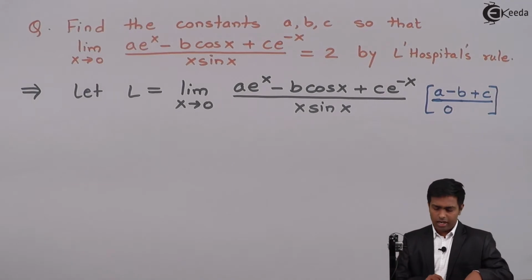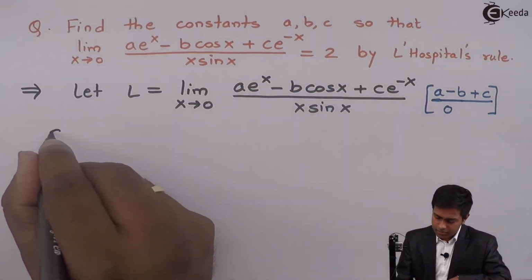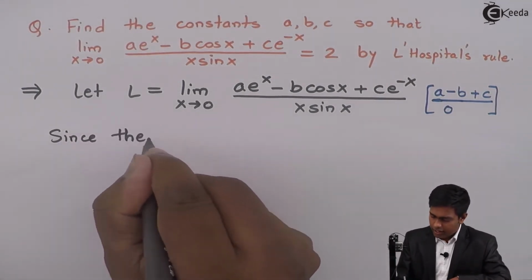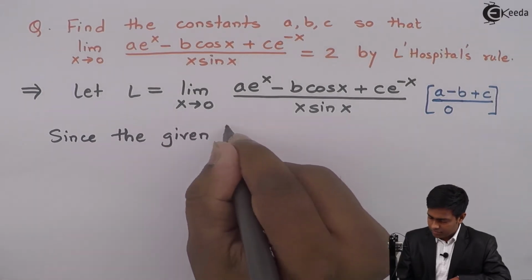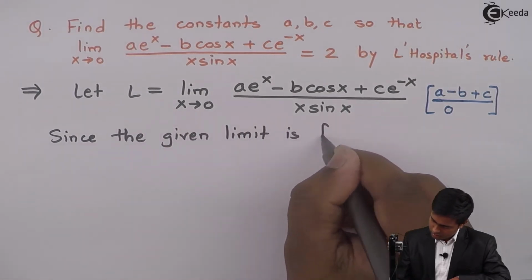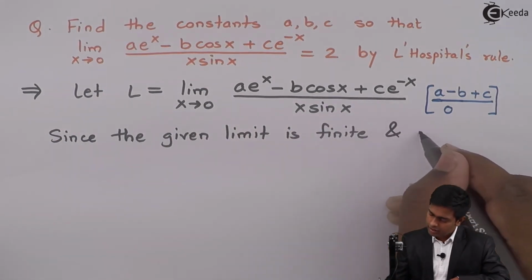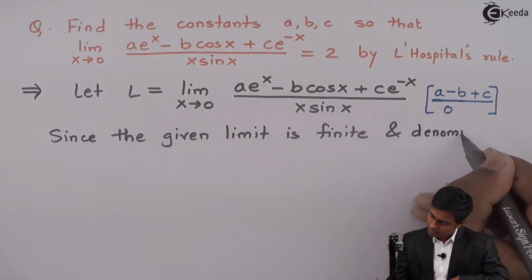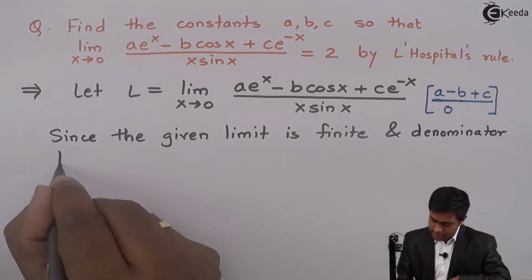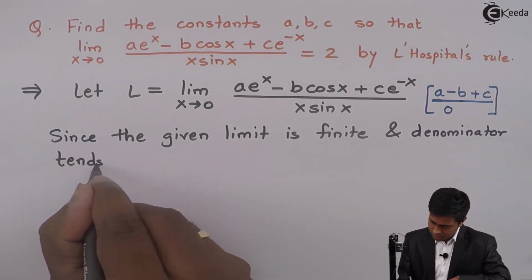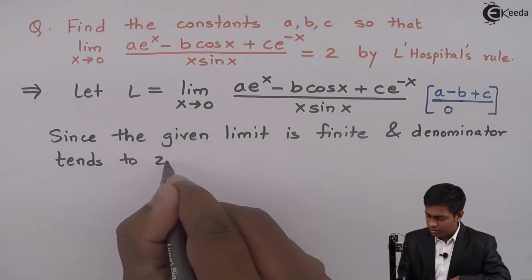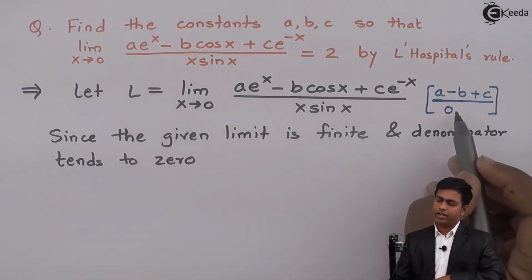So, here I will say, since the given limit is finite, that is 2, and the denominator tends to 0, you can observe here that the denominator is 0.